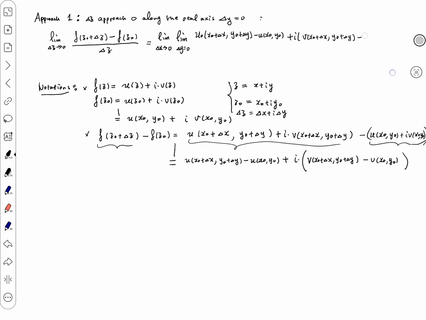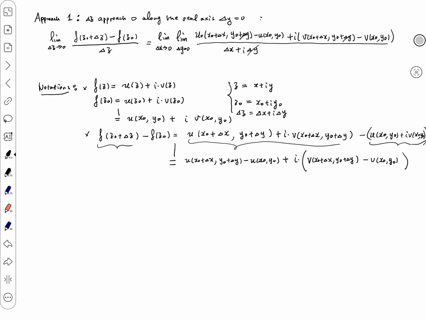The good thing is that when you let delta y turn to 0, then you could simplify this expression a lot.